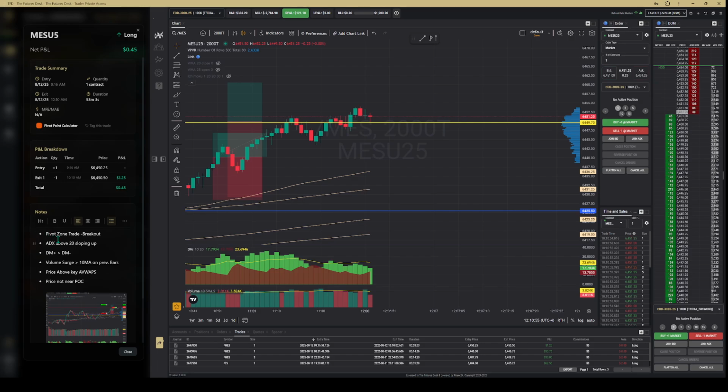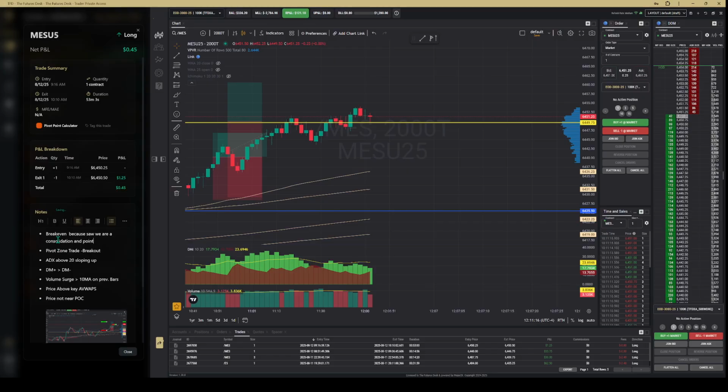It's a nothing, right? So we say break even because of the point of control. So we are at a consolidation and point of control area.